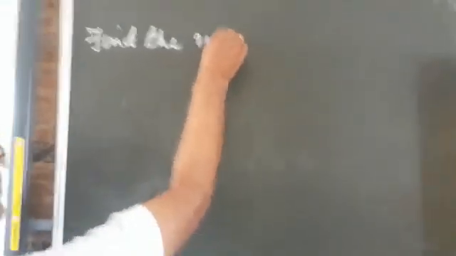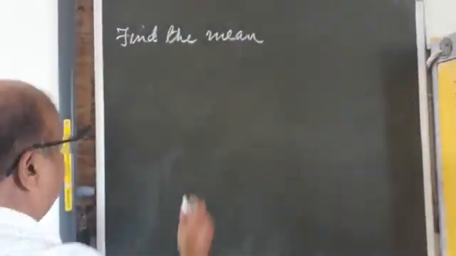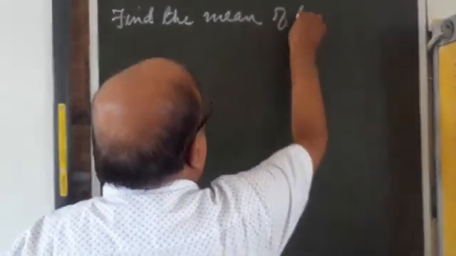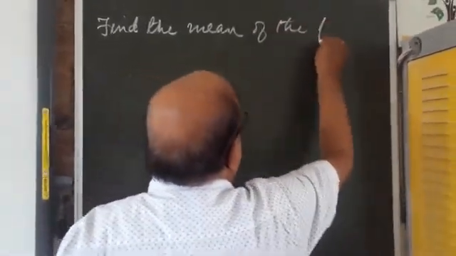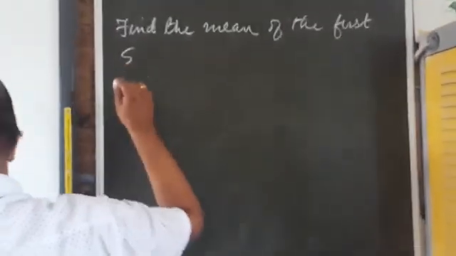Find the mean of the first 5 odd natural numbers.